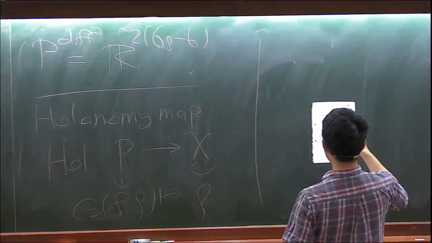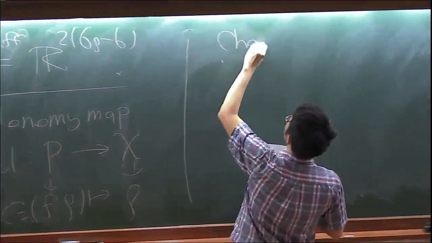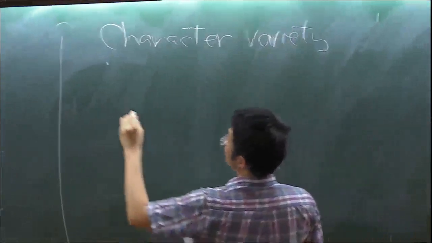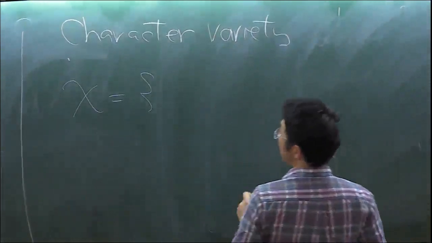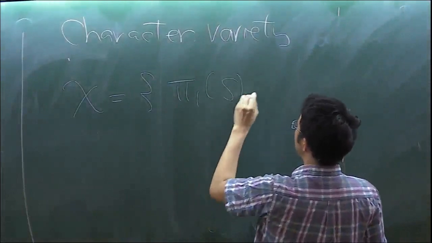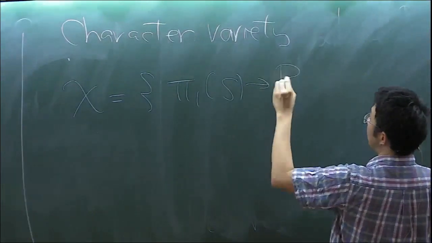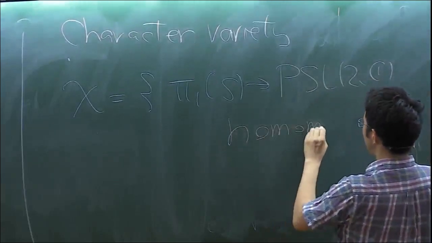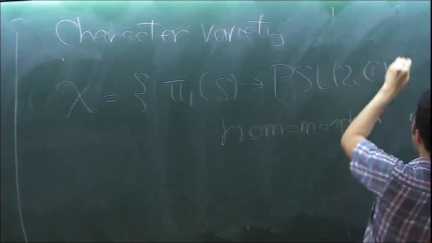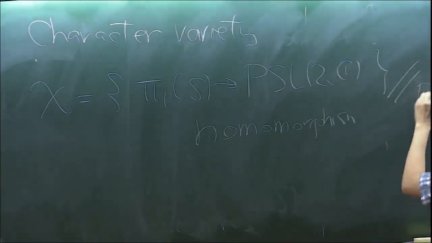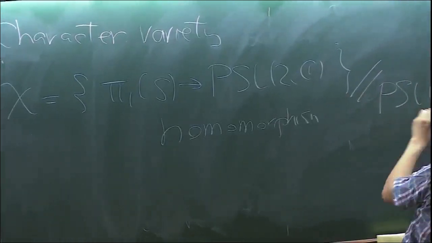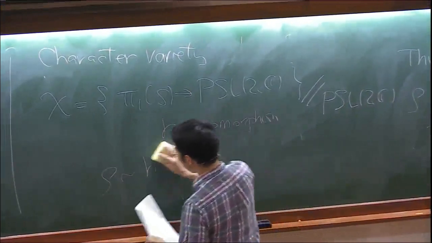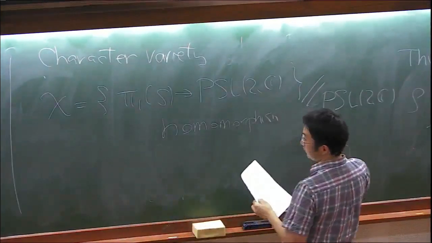And the character variety chi is the space of homomorphisms of the surface group into PSL2C, up to PSL2C. This is roughly up to conjugation.